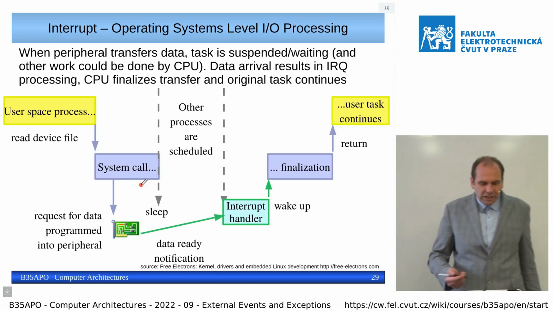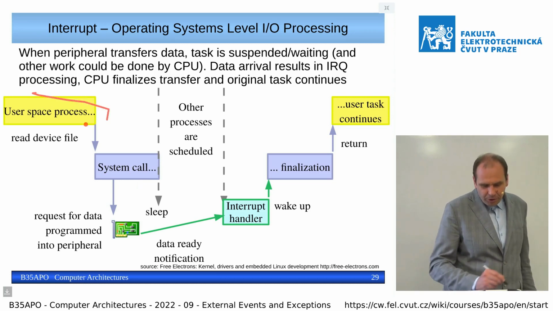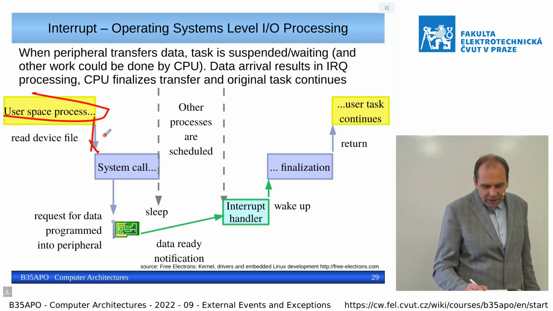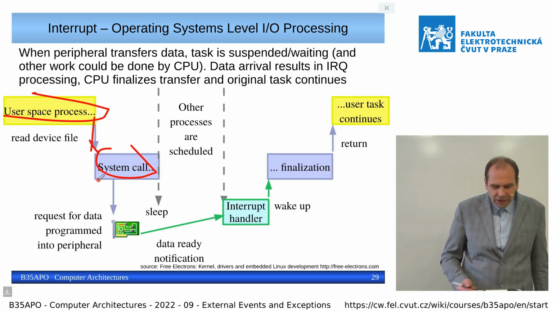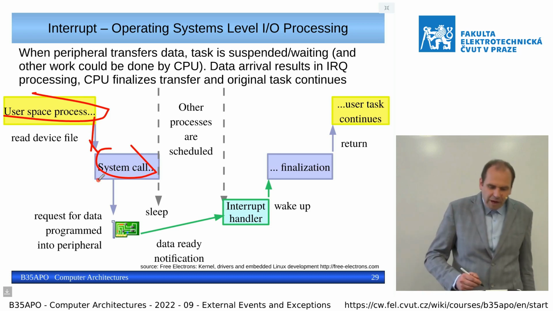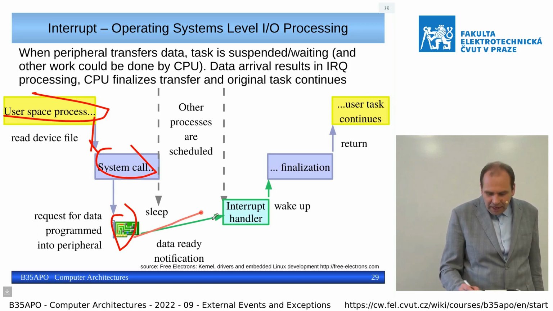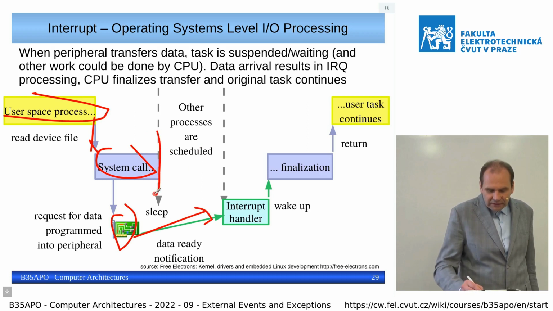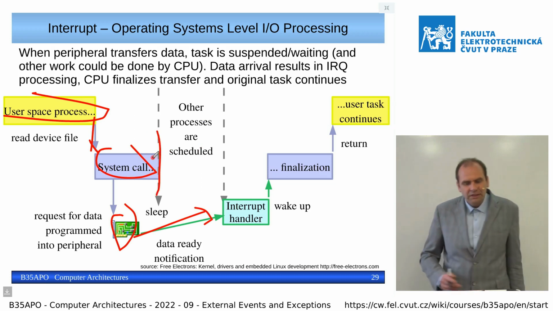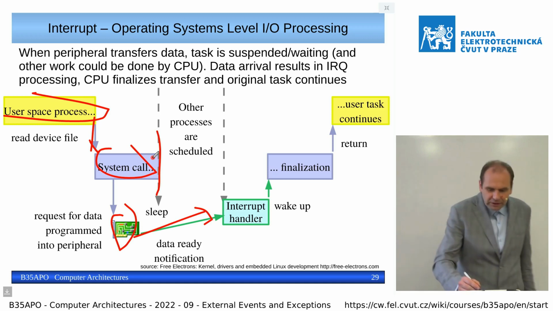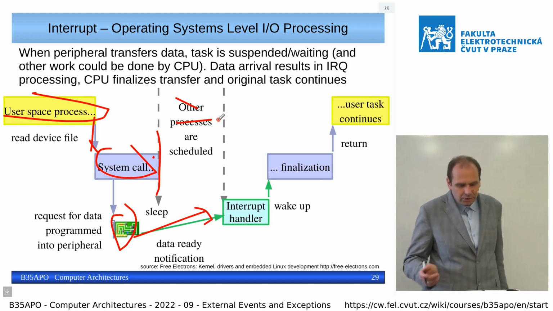So it looks generally like this. Your user space program tries to read from the device, for example. It invokes a system call. The system call checks if there are data or not. Probably it previously set up the hardware. If there are no data, it sets up the hardware so that we wait for the interrupt, and the given task on that wait for event is stopped and rescheduled to some other task. So other processes, tasks, users, graphics, and so on are running.